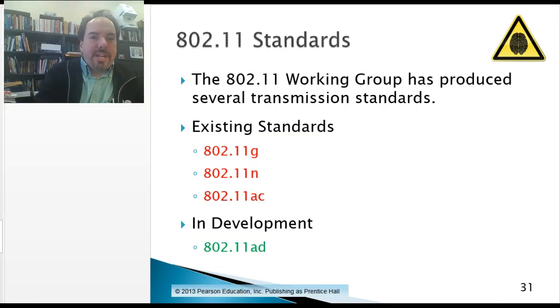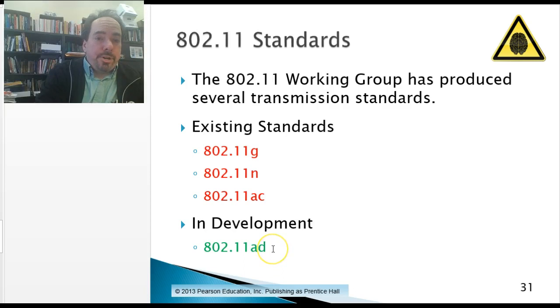I said there were different flavors of 802.11. Anything that starts with 802.11 is a Wi-Fi standard. There are different versions of the Wi-Fi standard that obviously have improved over time. B is what I started off with, but G was very popular. N probably has the most number of users out there right now, but more and more companies are switching over to AC.